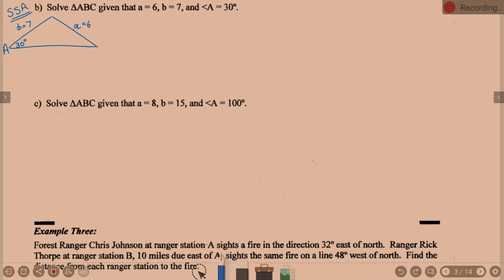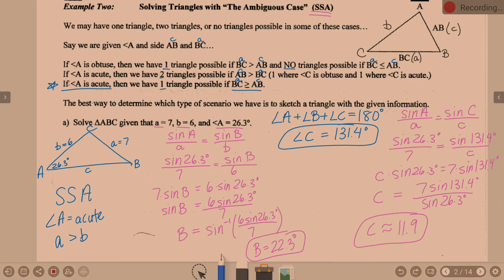Well, as you look at this side-side angle, what do you notice here? We are going to solve for B in a moment. But if we go back to the previous page and do a quick comparison, angle A is acute, yes?